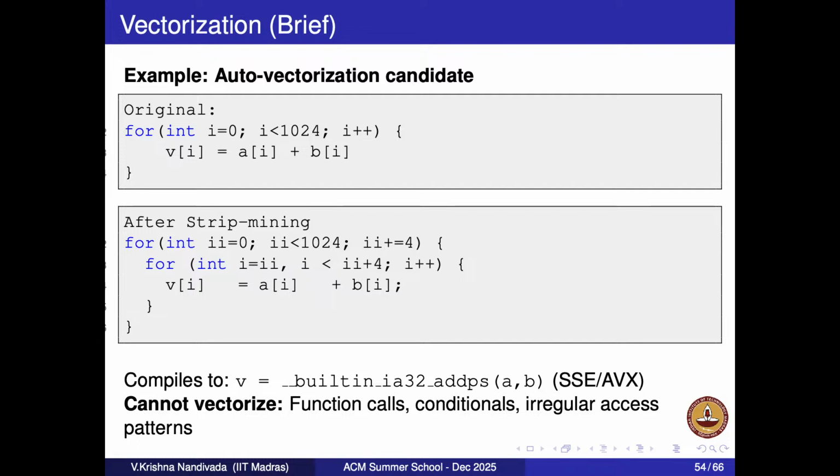T1 0, T1 1, T1 2, T1 3, and then store it in, similarly, T3 equal to ampersand V sub I. I'll say store it in T3, vector add.